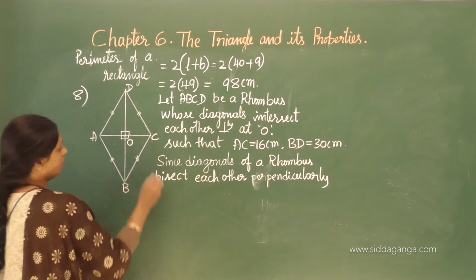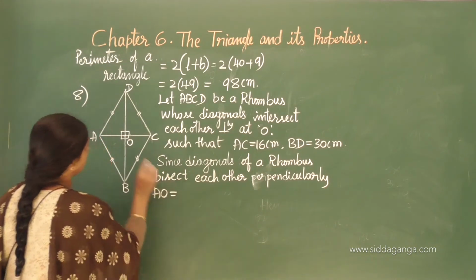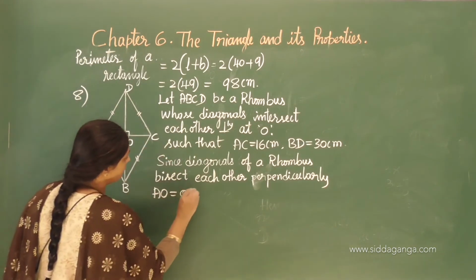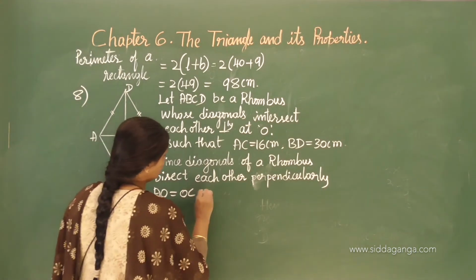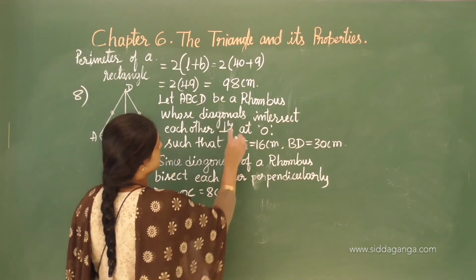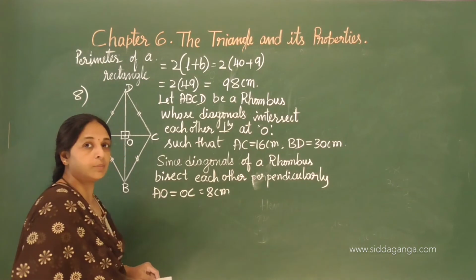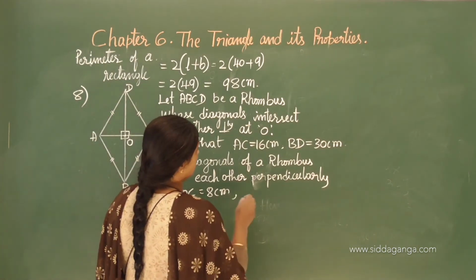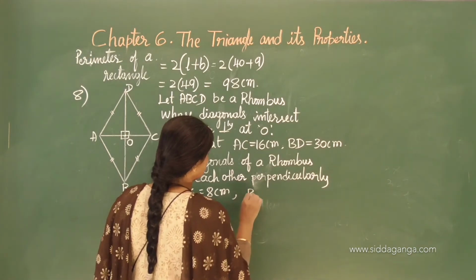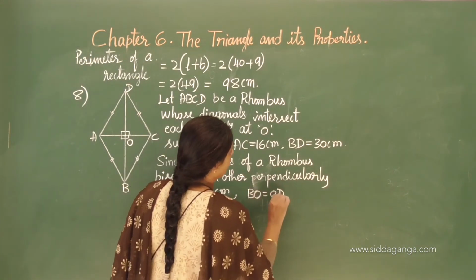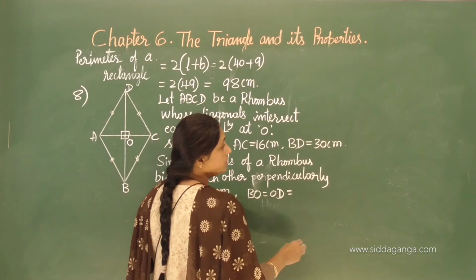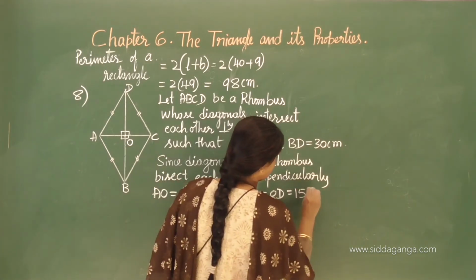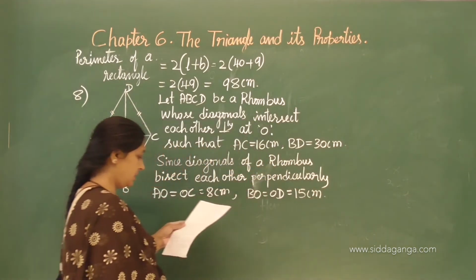Then AO is equal to OC, that is equal to 8 centimeter. Divide 16 by 2 equal parts, then it will be 8 centimeter. And BO is equal to OD, divide 30 by 2, we get 15 centimeter.